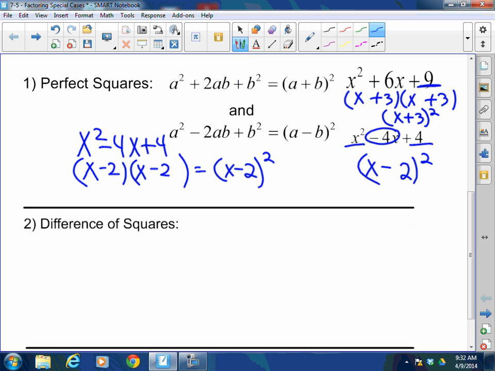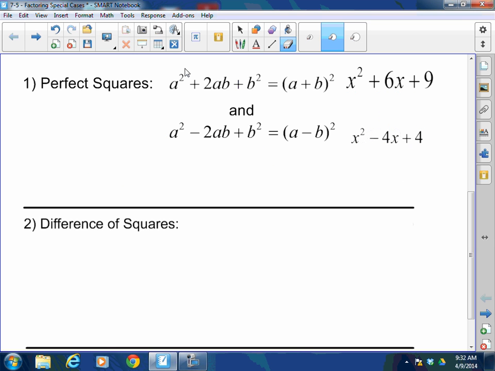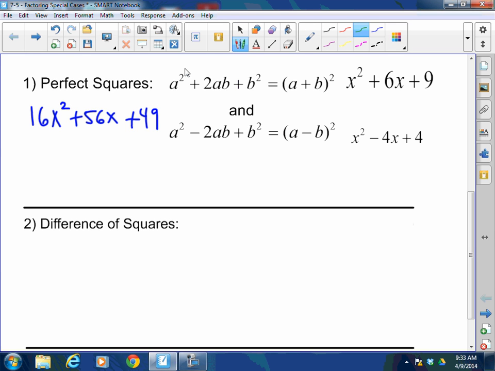Why would it be good, Mr. Moore? You're showing us that we can do it either way. I understand that. What if I give you this, my friends? And this can very well happen. Easily. Let's say I told you factor 16x squared. These are some very large numbers, aren't they?